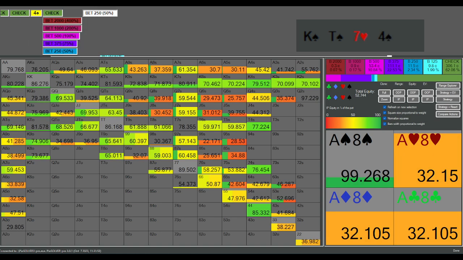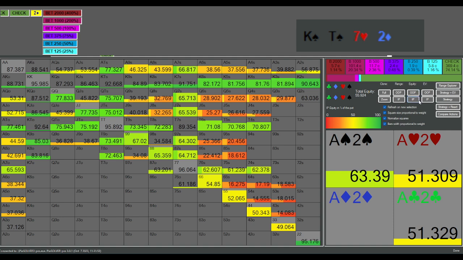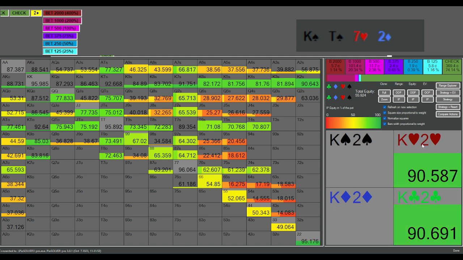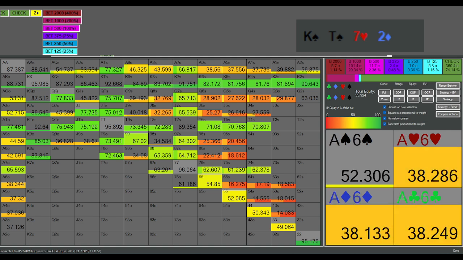Deuce would be the best example where the deuce doesn't improve either player very often, so the in position player is still going to retain the vast majority of their equity.